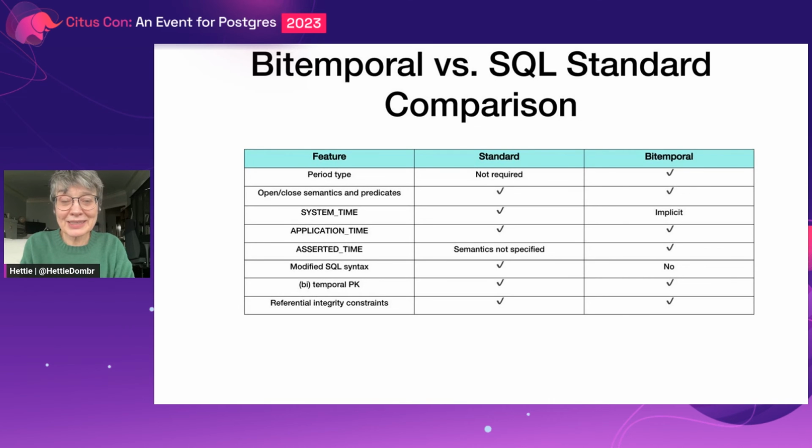Pretty much the difference is that we do not have explicit transaction time, and we do not have extended syntax, but everything else is in place. We have user-defined functions for DML operations, but if somebody is willing to make them look like normal updates and deletes, I think it will be very cool.